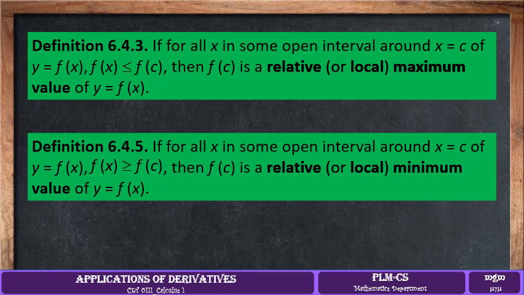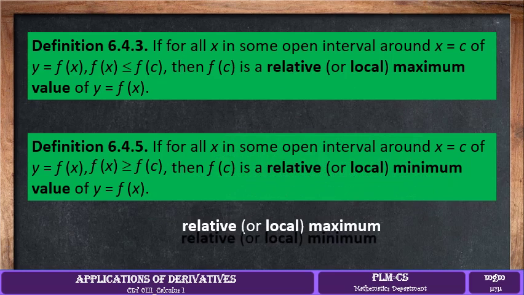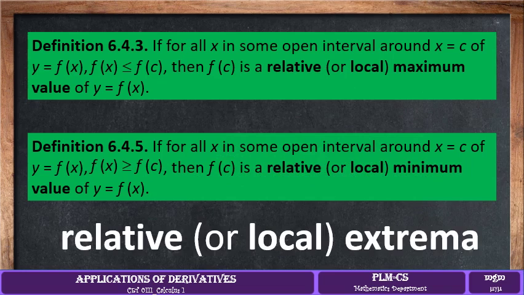Hence, definition 6.4.5 states that if for all x in some open interval around x equals c, f of x is greater than or equal to f of c, then f of c is a relative or local minimum value of y equals f of x. And collectively, relative or local maximum and relative or local minimum are called relative or local extrema.